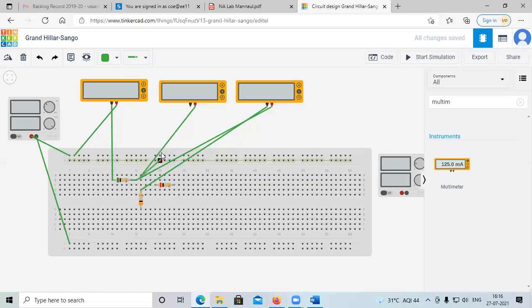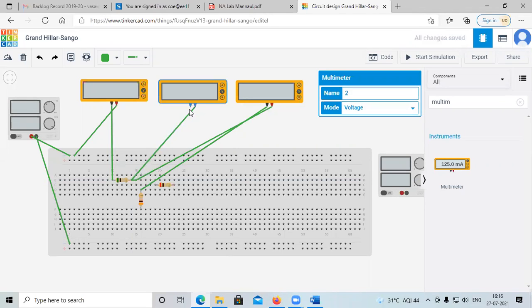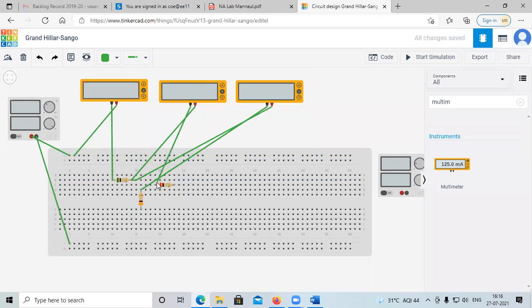I want to connect I2. Then this negative terminal can be connected here to the resistor. Okay, so this is one current, I1. It will show current I1, it will show current I2, and this will show current I3.